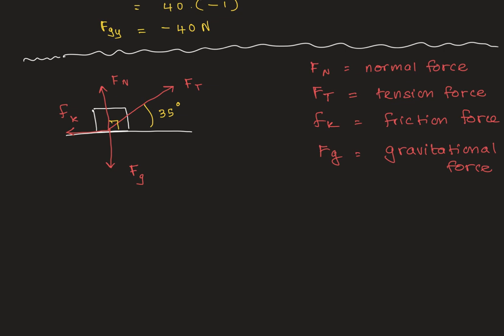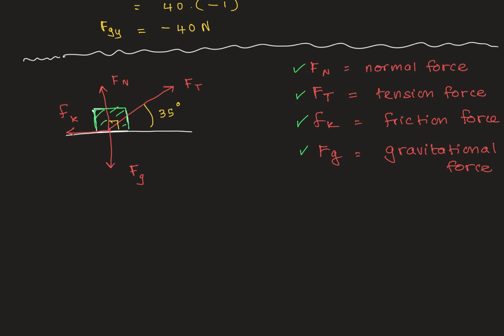Now let's look at the second example that we were looking at. There we have a crate, given in the yellow box that I am drawing right now, and there are 4 different forces. The first one is the normal force, the second one is the tension force, the third one is the friction force, and the last one is the gravitational force.